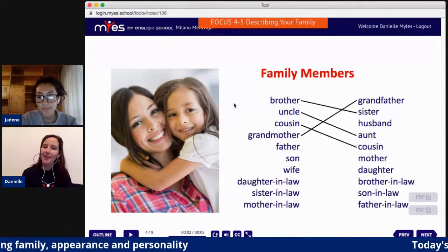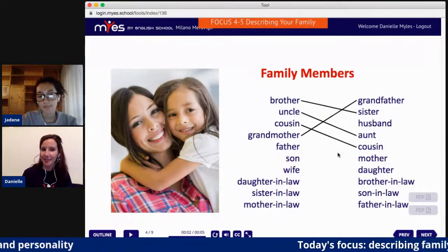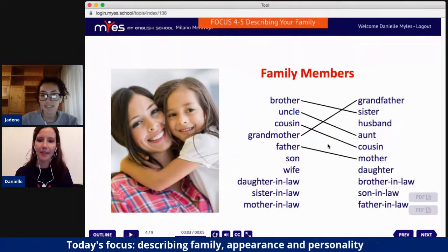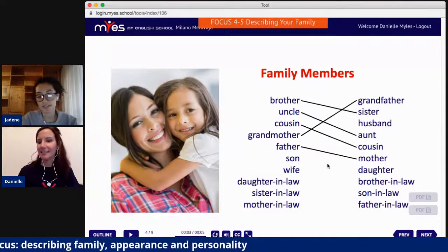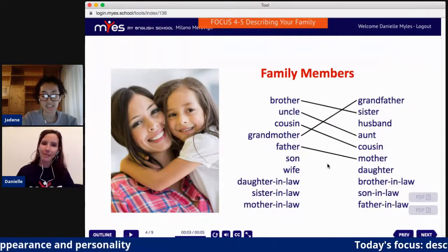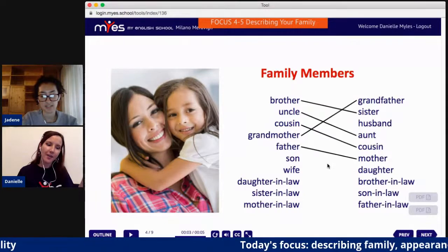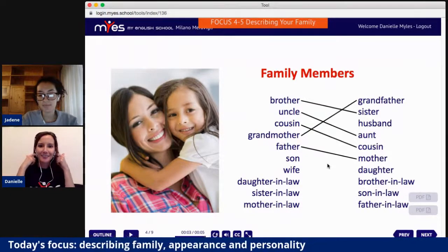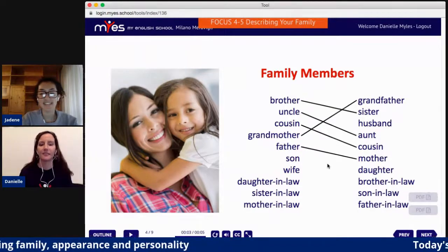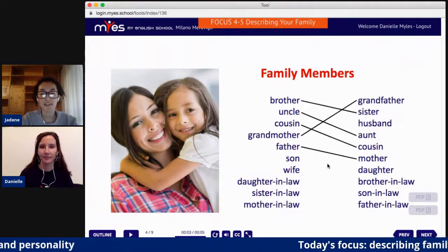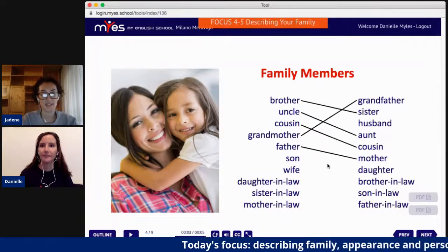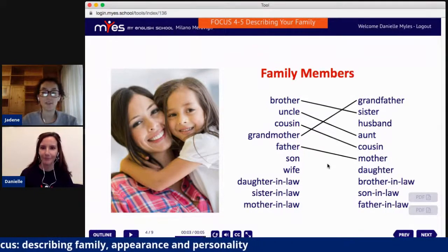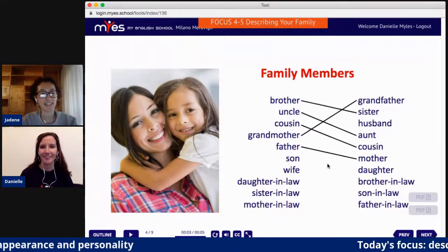Fantastic. And father, opposite of father. I think you guys know this. So I've seen it a few times already. Mother. Father and mother. You can also say mom and dad. What's the difference between father and mother and mum and dad? Jadene, what's the difference? There's not really a difference, but again, I think mother and father are a bit formal, and I don't think most people call their parents by a formal name because it's your family.